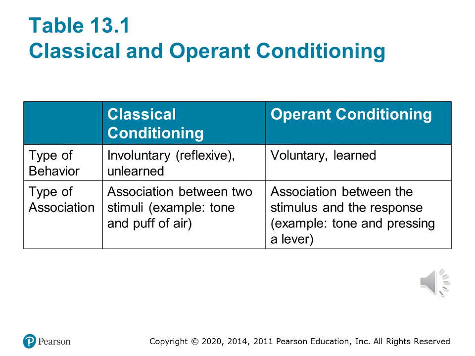In another distinction, it's important to note that classical conditioning is involuntary, sometimes reflexive. Operant conditioning is voluntary and learned. Also, it's important to note that with classical conditioning, there is an association between typically two stimuli, so a tone and a puff of air.